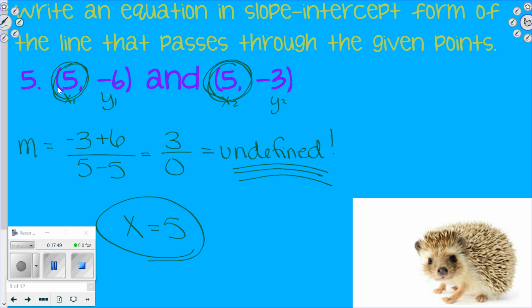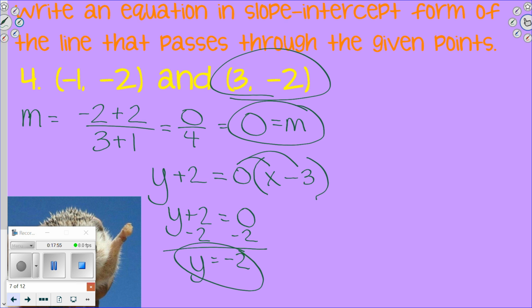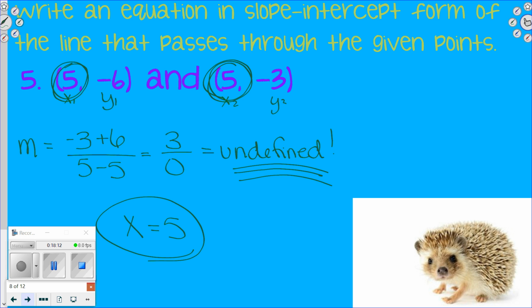Okay, so when you go through and you find your slope, look back at the last one. When my slope was 0, your equation was y equals negative 2. Look at your y values on this problem. Do you see them? Yeah, look. So guys, make a note to yourself.